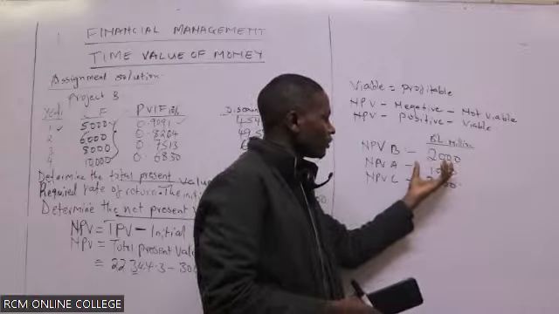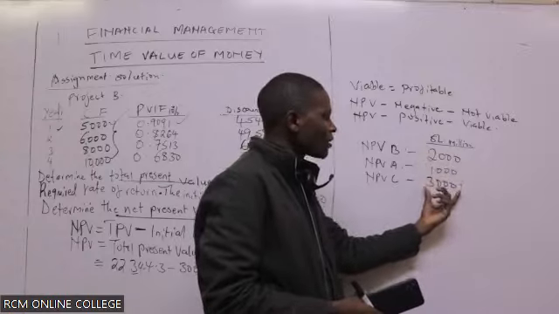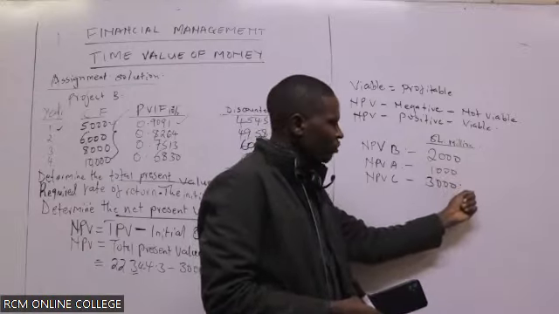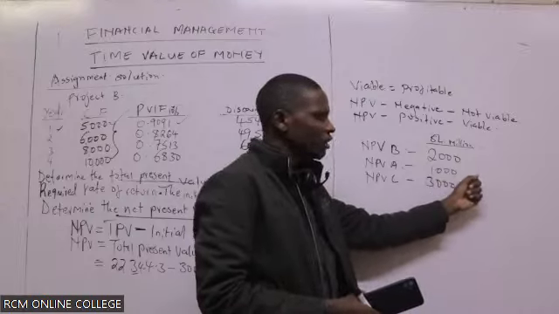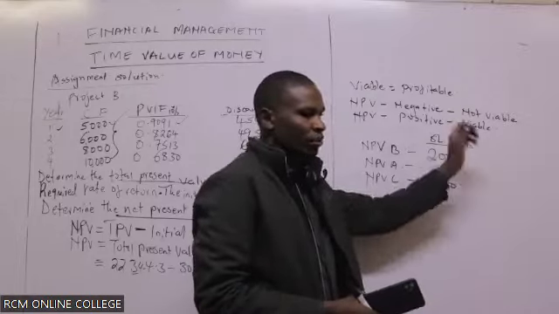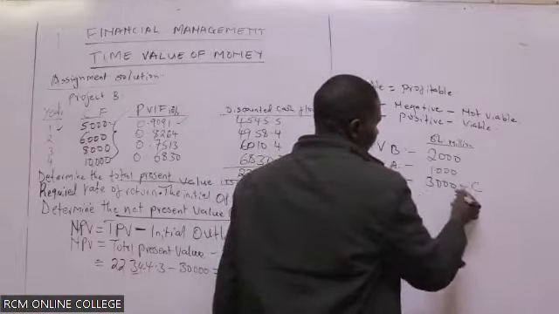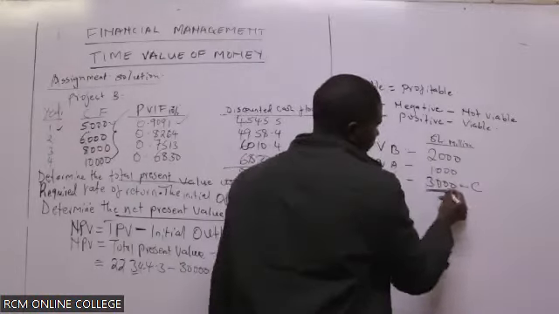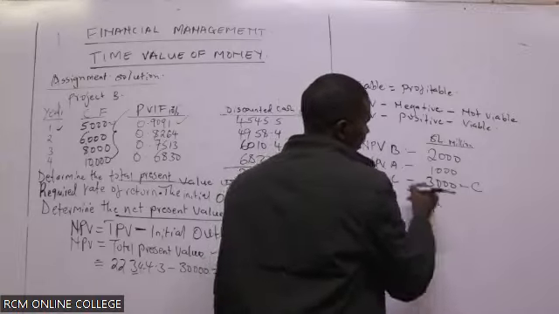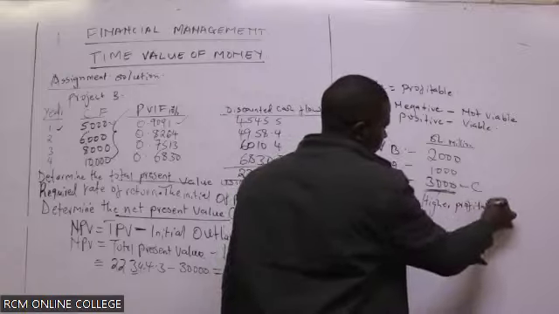It is the same for projects B and A, which will give profit, but not as high as project C. So once you are through investing in project C, if you still have money, you can proceed and invest in project B, and lastly project A. We chose C because it has higher profitability compared to the other projects.